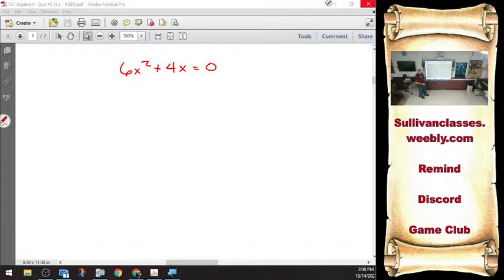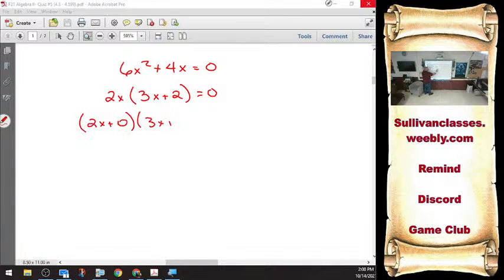Okay. So, everyone's on one side of the bus. Step 1 is always greatest common factor for this reason. Because if I take a 2x out, I'm left with... this is no different than... it is still 2 linear factors.